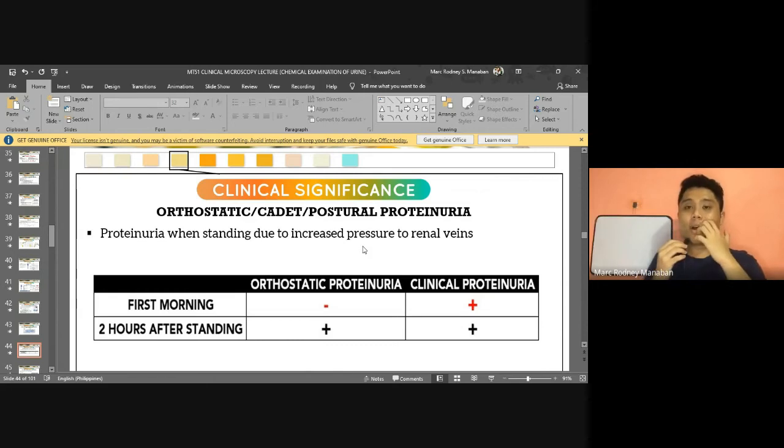Your glomerulus or kidneys are already damaged, that's why proteins can come out regardless of your position, regardless of any time of the day.